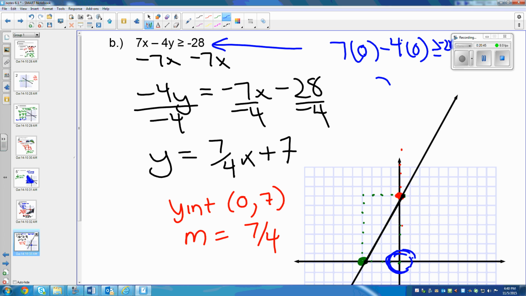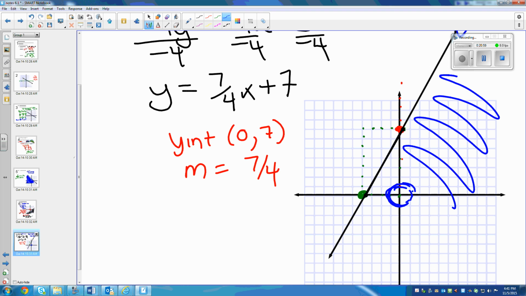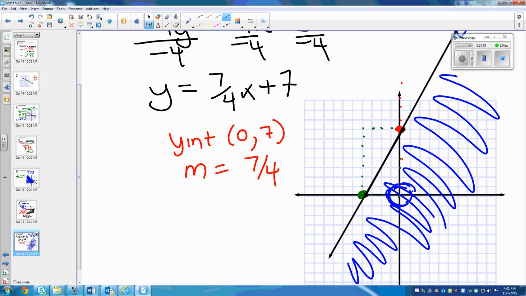Is 0 greater than or equal to negative 28? Yes, it is. So that means we color on the side of (0, 0). And we do that right here. Color nicely all the way down. Even this little bit down here too.